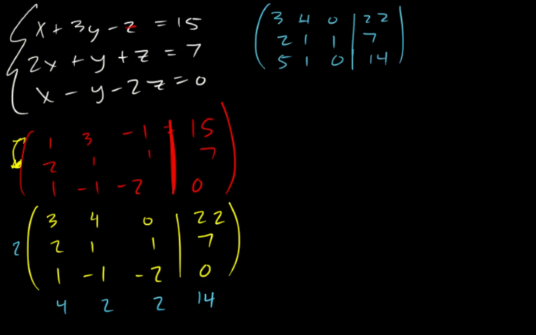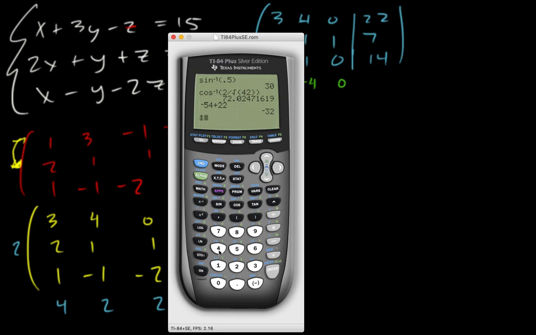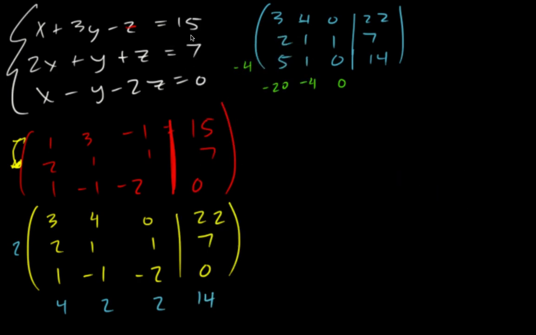Okay, now we want to use the two rows that have zeros in them to make a 0 somewhere else. And so what we're going to do there, I'm going to use this 1 to cancel this 4. So let's do a -4 multiple. -20, -4, 0, and then 14 times 4 is 56.